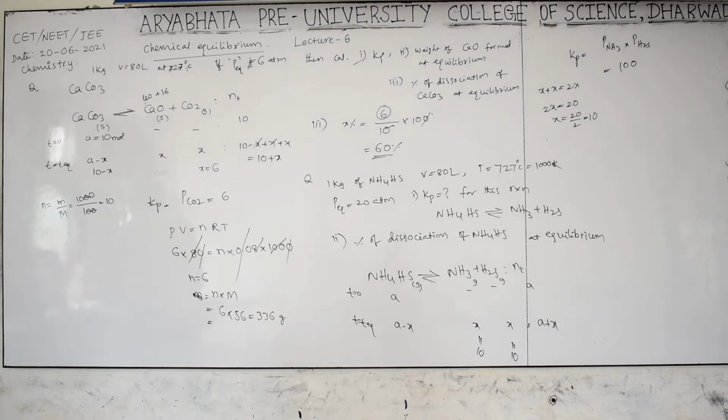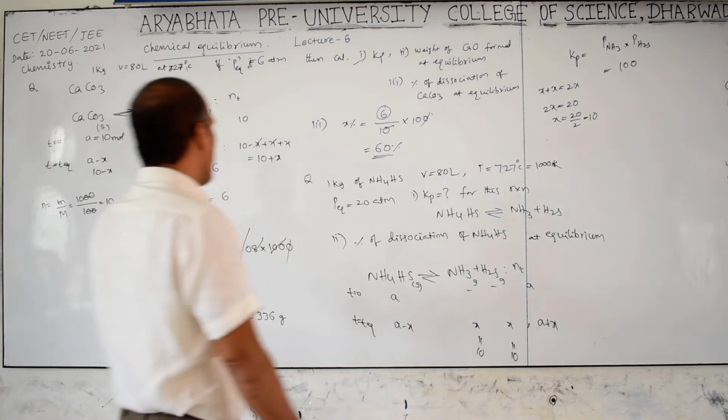Another one: we have to calculate the percentage dissociation of ammonium hydrogen sulfide at equilibrium. Then we have to calculate the number of moles dissociated. How to calculate this? The initial number of moles we know.